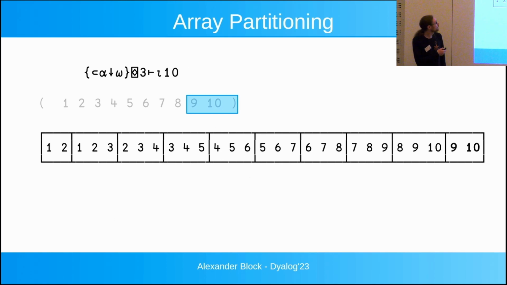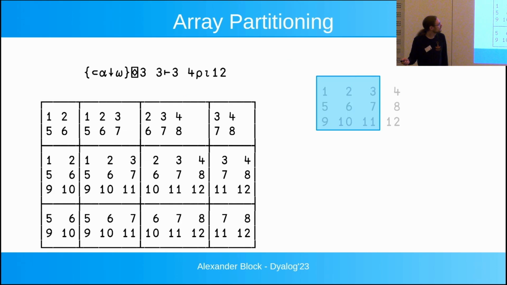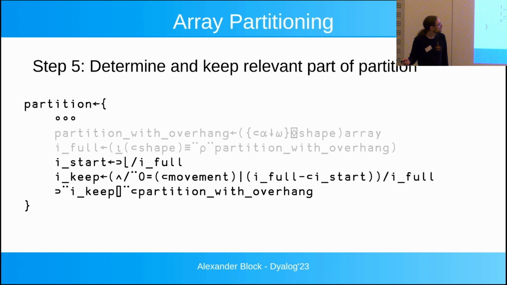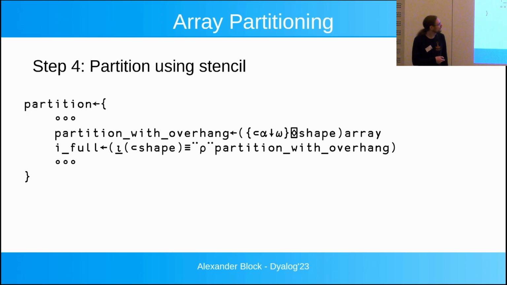Yeah, if we look at what happens with a shape of 3 and a iota 10, we are nearly at the right solution, but we have to take care to delete this and delete this. But that's easy, because the ones that have the elements that overhang are just the ones where the shape's not what we expect. I mean, it's a brute force solution. Maybe it's not the best one, but it works. Okay, and I can collect the indices of all these elements, which don't overhang.